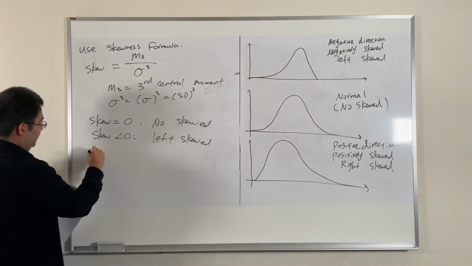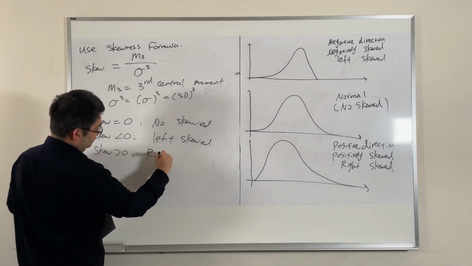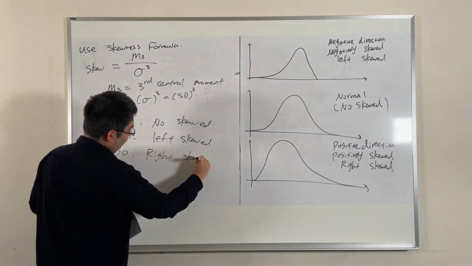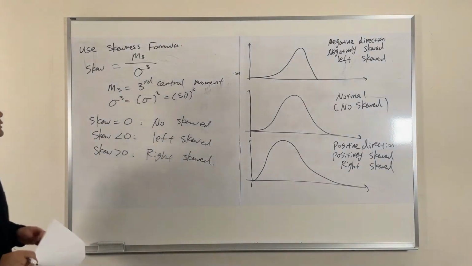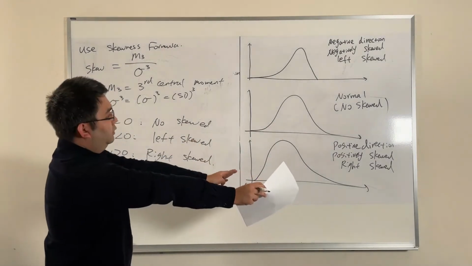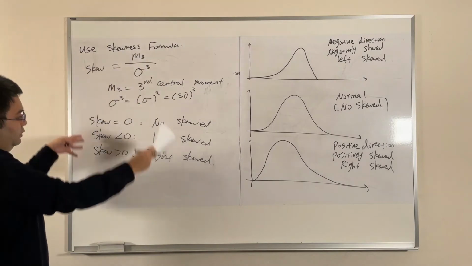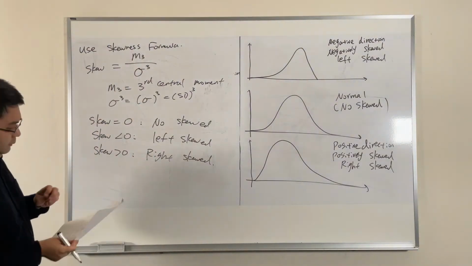And if the skew value is greater than 0, you have a right skew. Three cases. So you can either look at the graphs, or if you only have a set of numbers, data, then you're going to use this calculation formula.